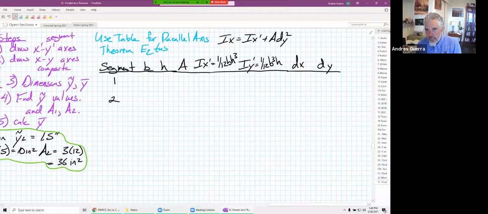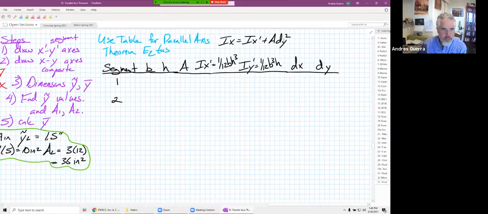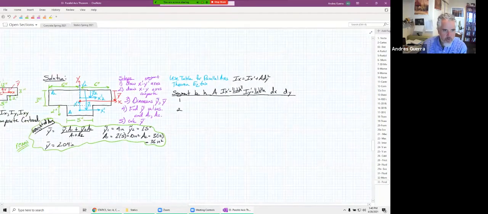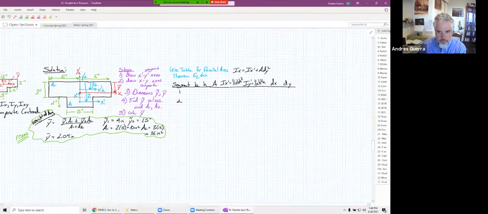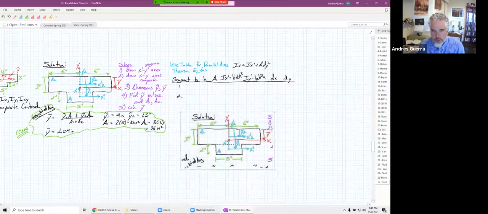So we need Ix prime, we need dy, we need area. In order to find area, we need B and H as well. Let me move this down below our table so we can look at it while we fill out our table here.